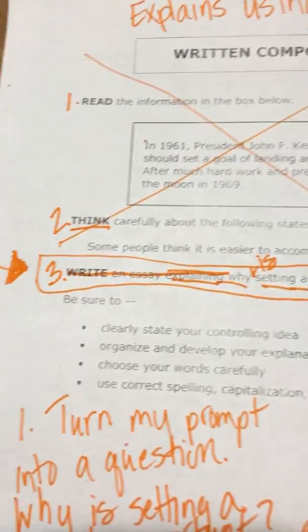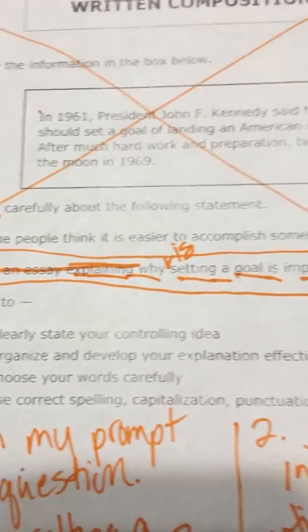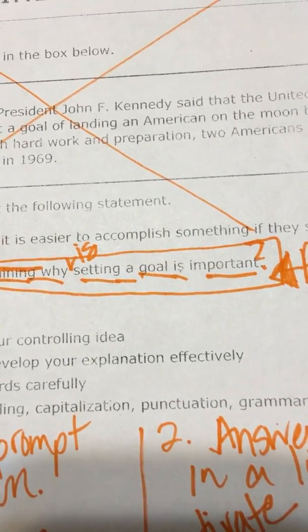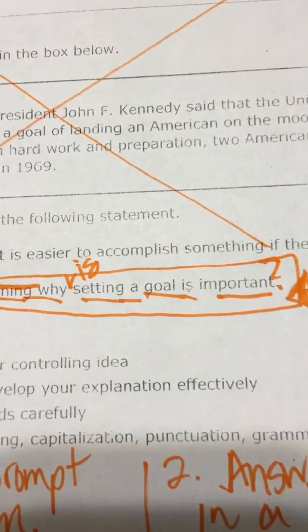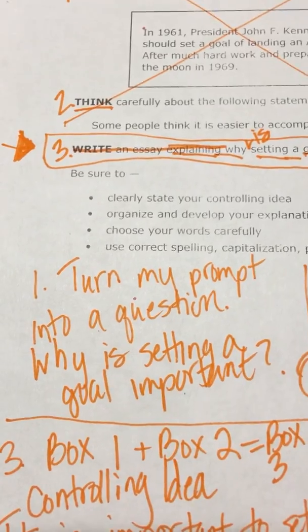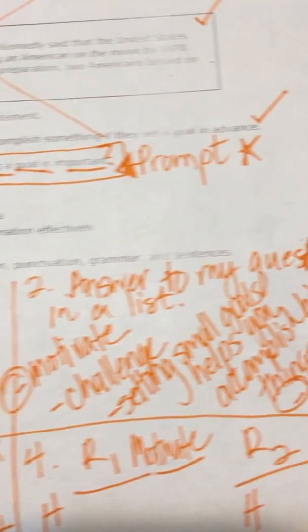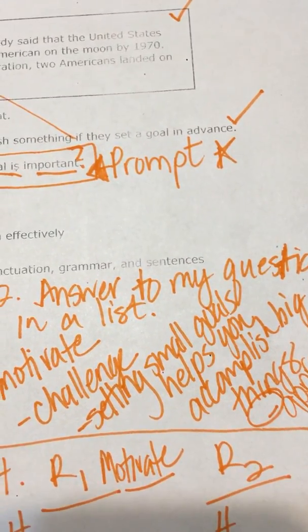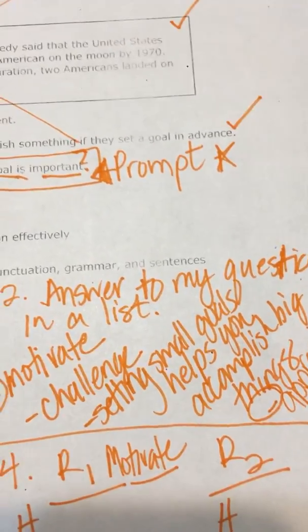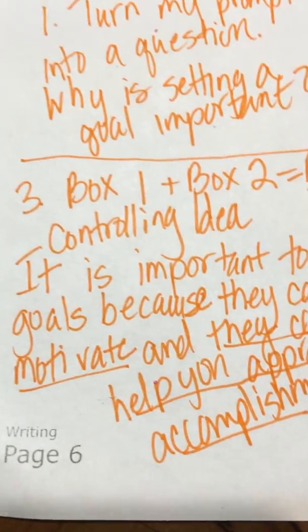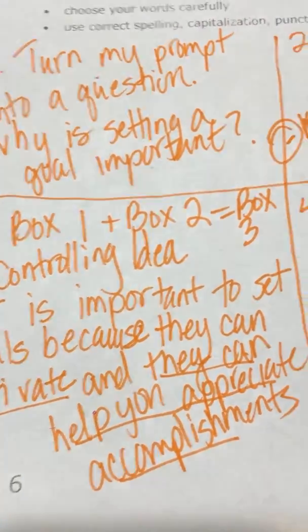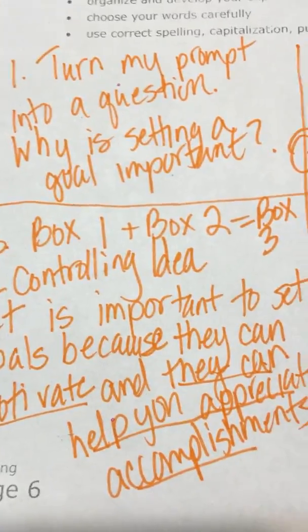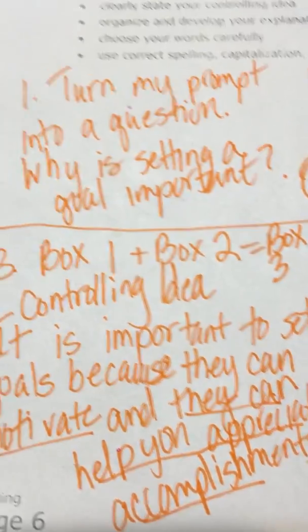So on my page, look at all the brainstorming that I've done. I've decided the most important thing is my prompt, okay? And I've turned that prompt into a question. Why is setting a goal important? And I've put it here. I've answered that by brainstorming a list. I've chosen 2 things from that list to write my controlling idea. It is important to set a goal because they can motivate and they can help you appreciate accomplishments.